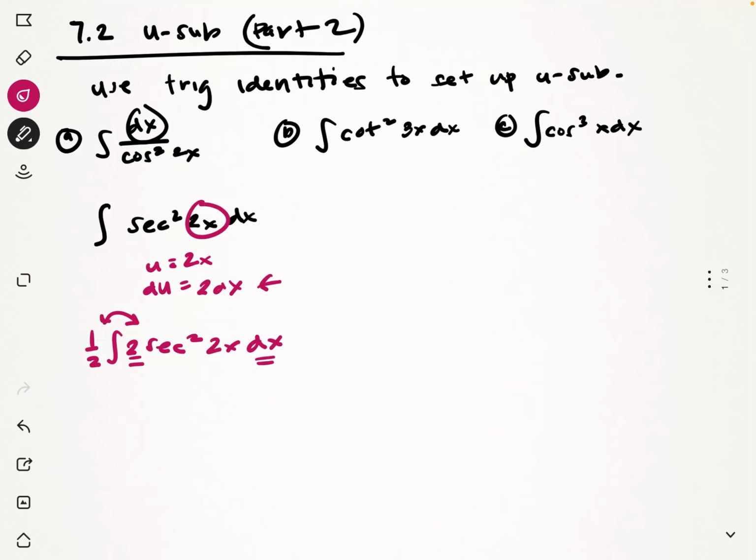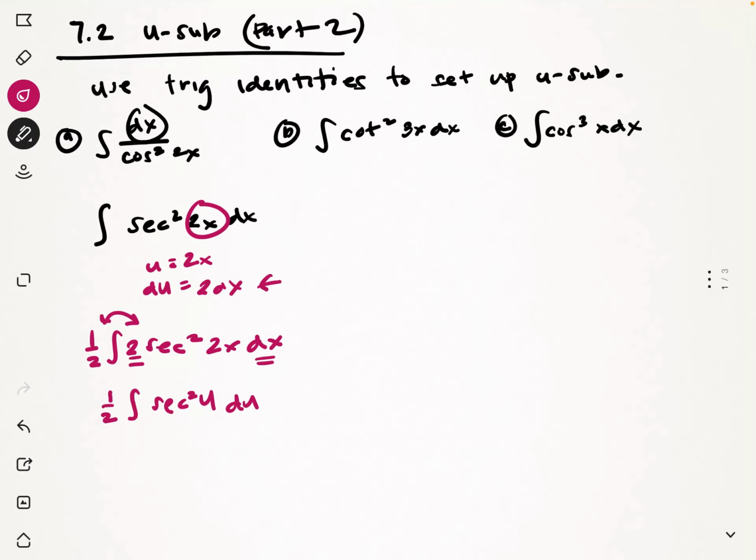All right, so let's rewrite this in terms of u. Not u squared, it's going to be the integral of secant squared u du.